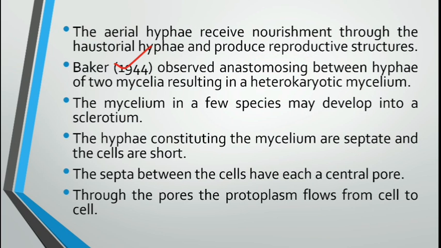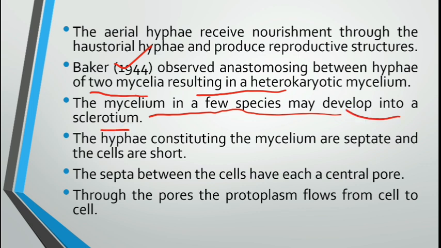Becker in 1944 observed anastomosing between hyphae of two mycelia resulting in heterokaryotic mycelium. So sometimes two hyphae fuse with each other to form heterokaryotic mycelium. The mycelium in a few species may develop into sclerotium.